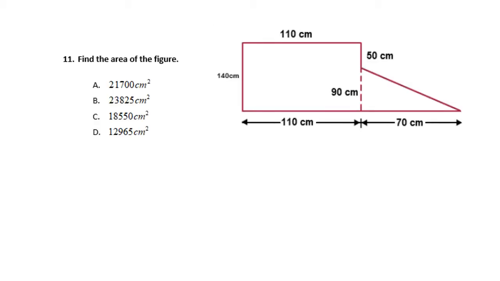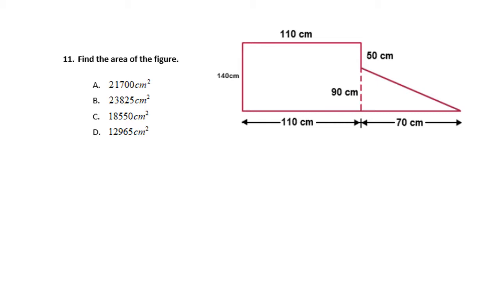Find the area of the figure. A, 21,700 centimeters squared. B, 23,825 centimeters squared. C, 18,550 centimeters squared.